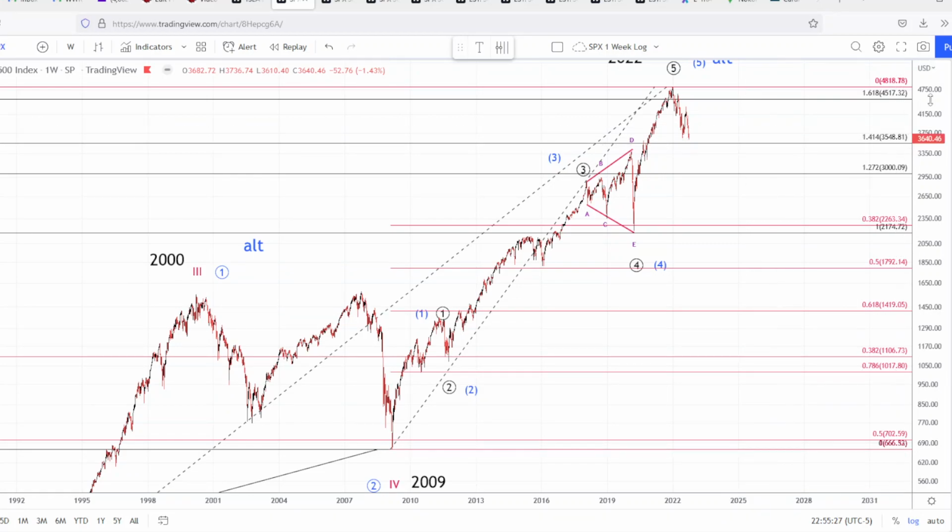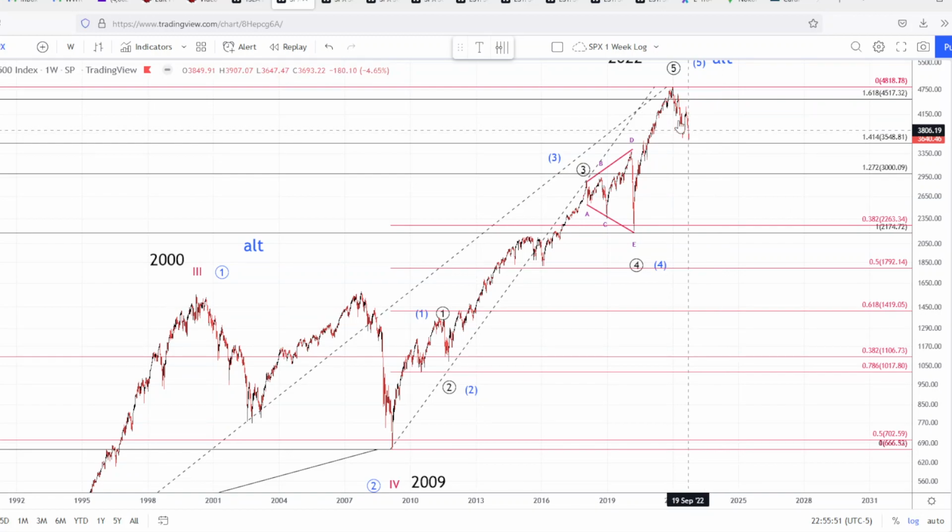That's the primary count. These red numbers here are the Fibonacci retracements on a log scale. And the 382 is 2263. The 500 is 1792. And the 382 is 1106, which falls to the second wave over here, and this first one is 382, falls within the 4th wave.